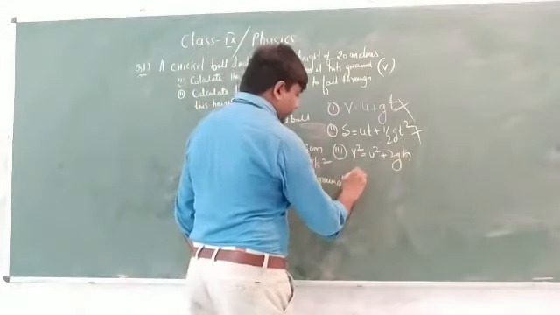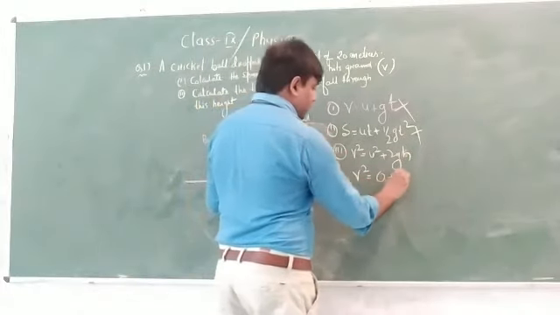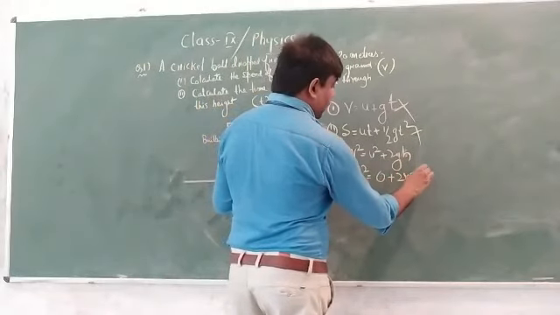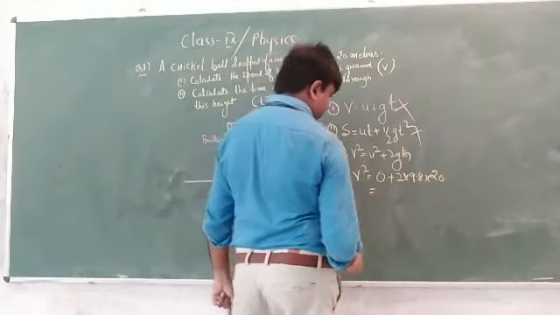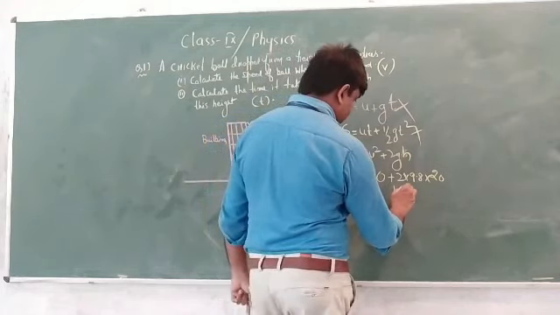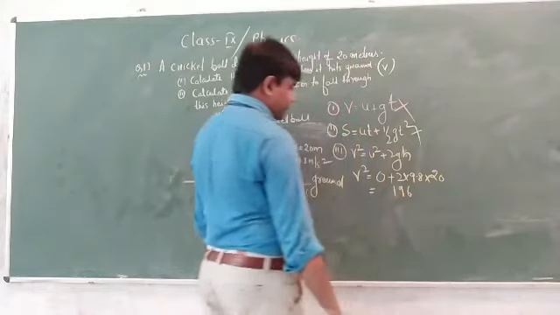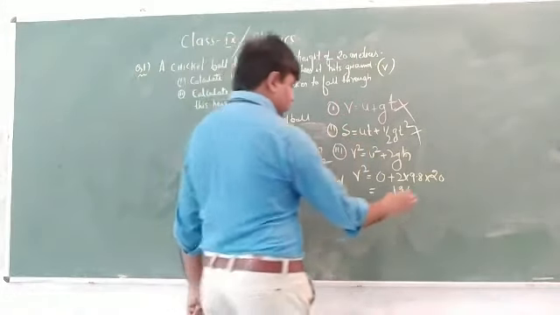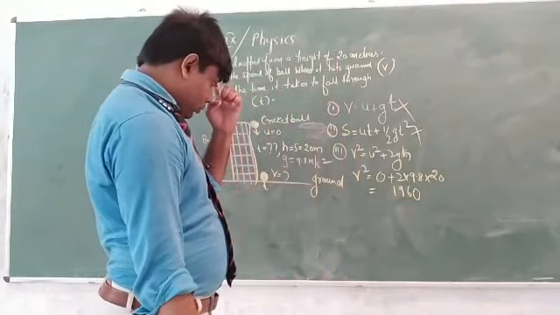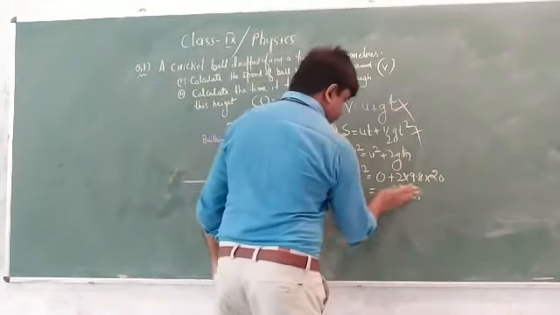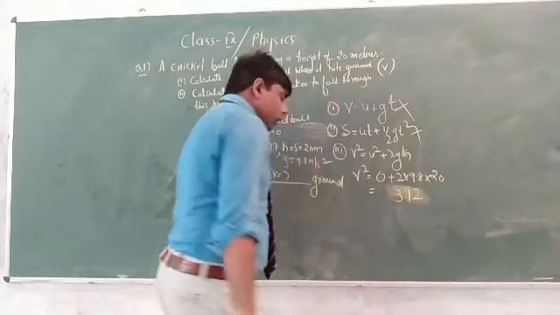So it will be v square is equal to 0, because u is 0, plus 2 into 9.8 into h, and h is 20. Right? That is it will be 196, right? 392.